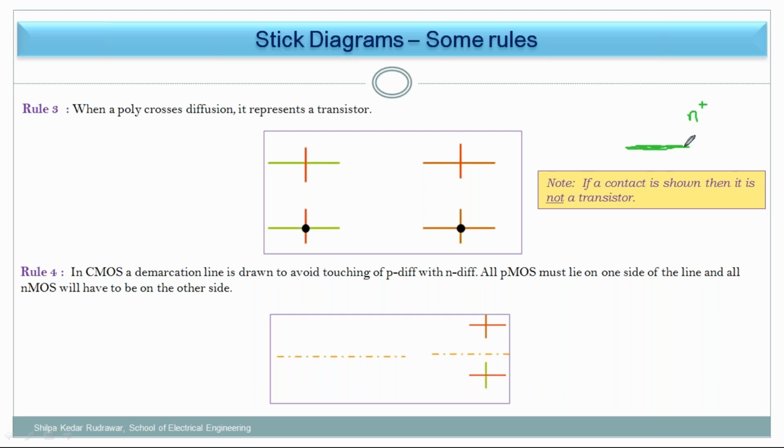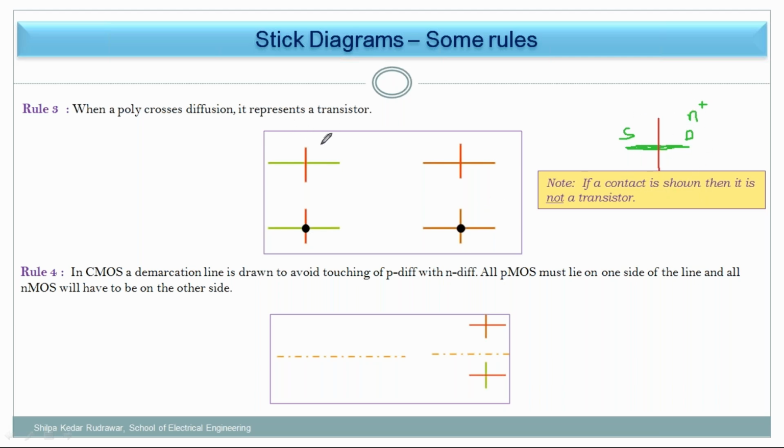This is my source and this is my drain, both of N plus diffusion, so I need to draw a gate. Which color should I take? Red color for the gate. If I place it like this, the red line is over the green, but they are not having contact, so electrical contact is not present. Then this acts as a MOSFET.